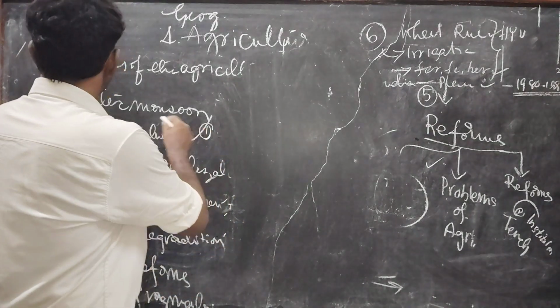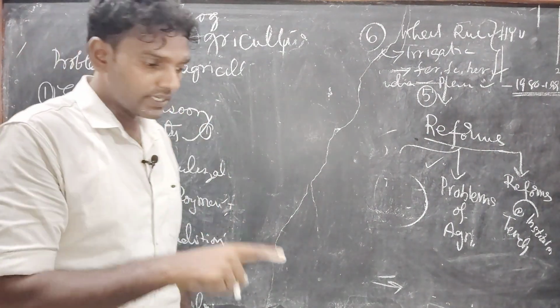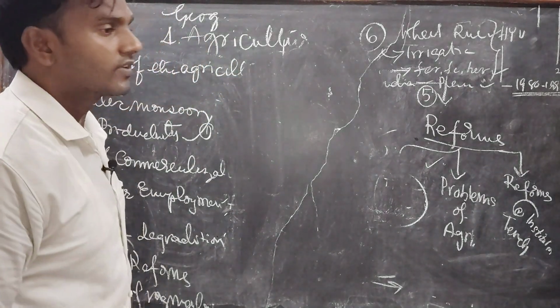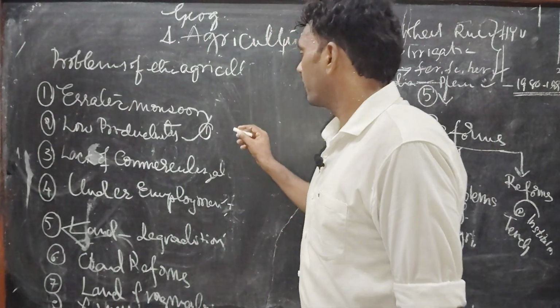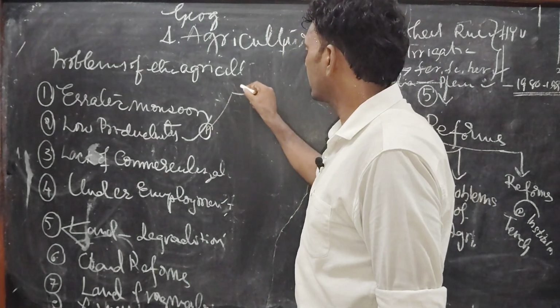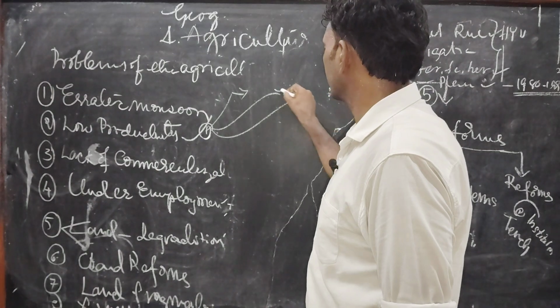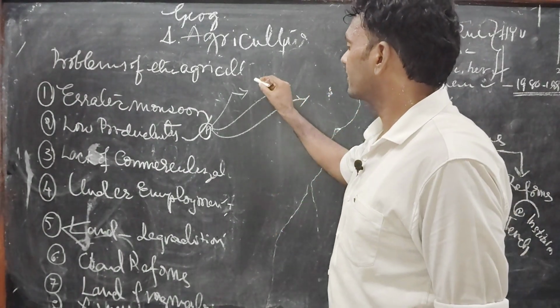There is an erratic monsoon. Erratic monsoon means, already we discussed, sometimes it may cause floods also. And these floods are destroying the crops. So what we are doing? We are providing crop insurance.